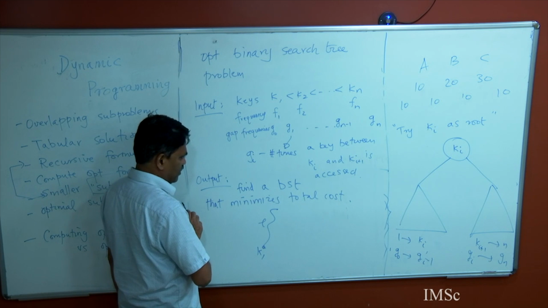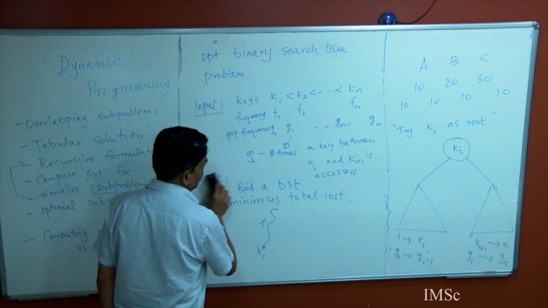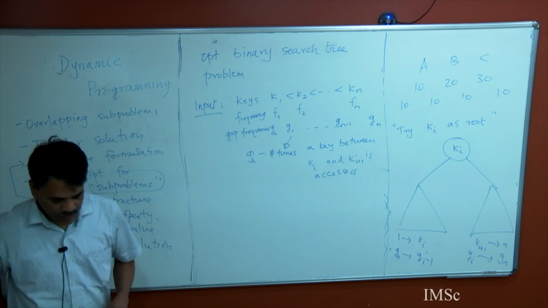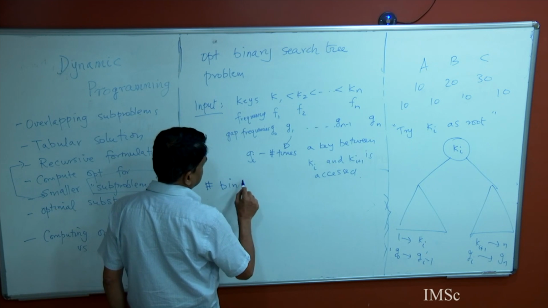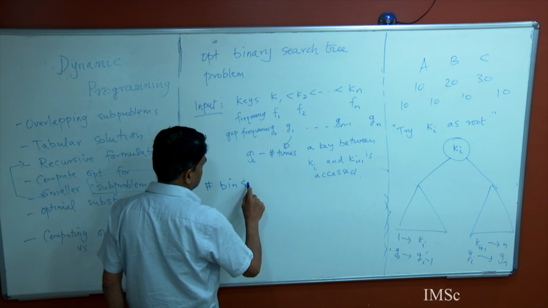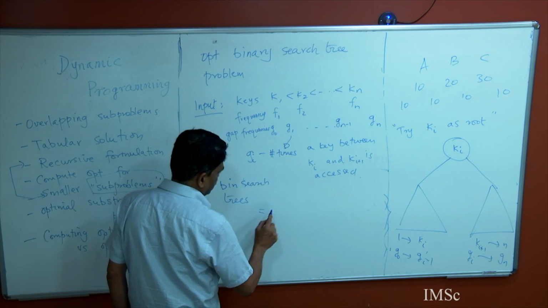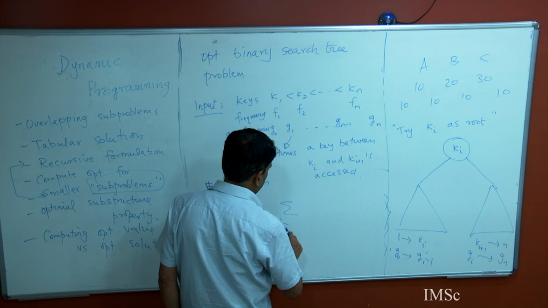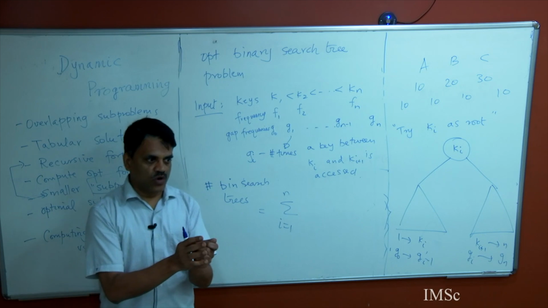Yes, exactly. So, the number of binary search trees would be a summation over i equal to 1 to n, because I just put ki as the root.